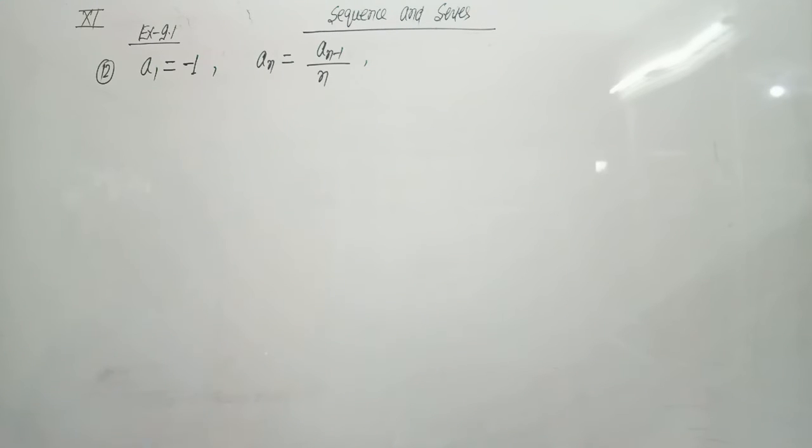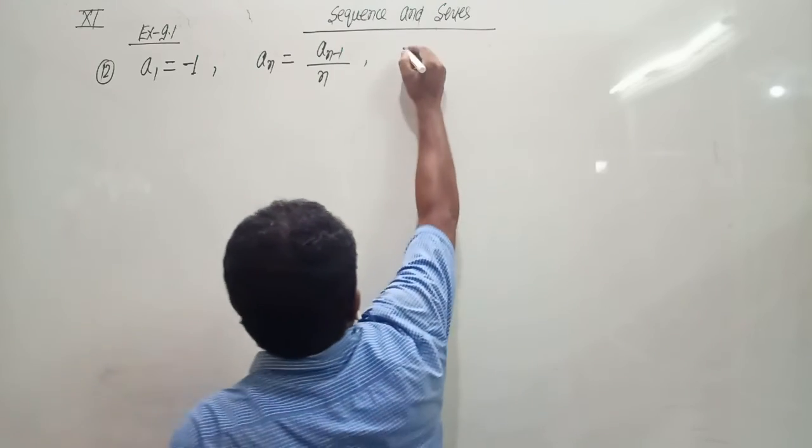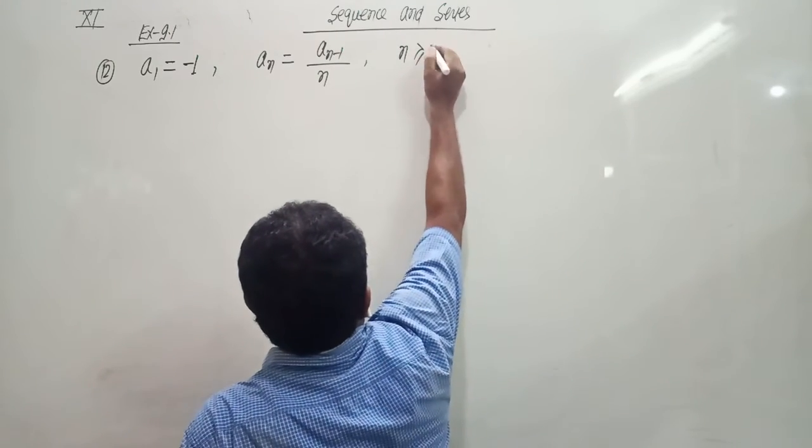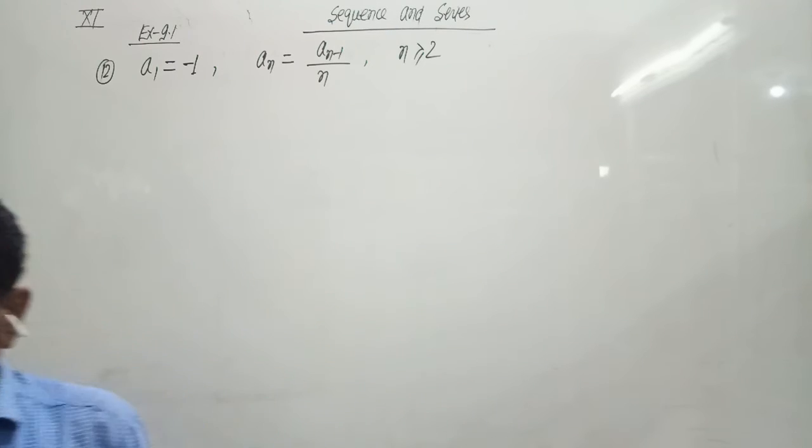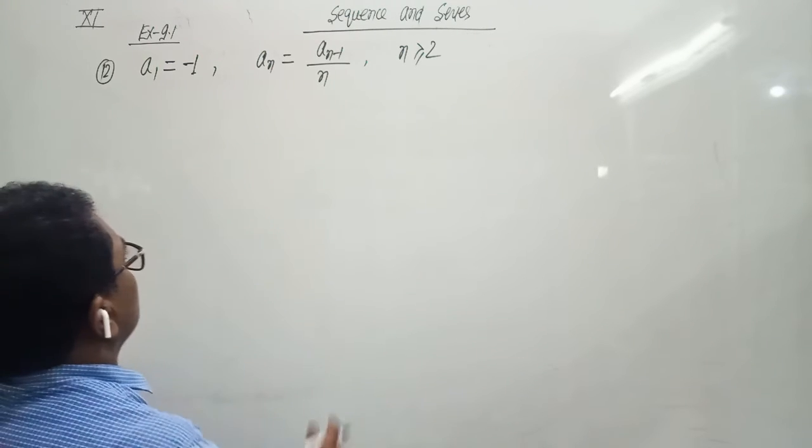And the condition we have given, n should be greater than or equal to 2. Means the value of n which we take would start from 2. We can take the value of n equals to 2 or more than 2.